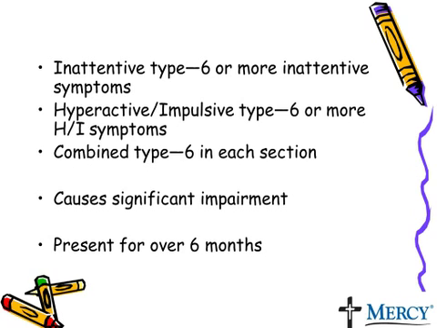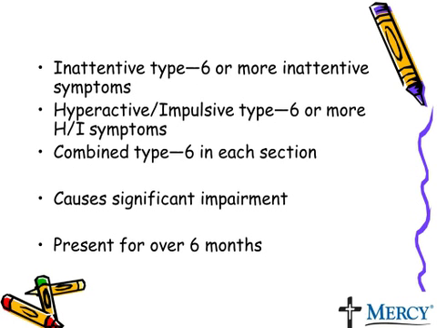The combined type is the most common type. Inattentive is next. It's fairly rare to have just a hyperactive impulsive type, and usually when you have this type, it's in preschool children. If you follow them over the years, they usually develop the inattention and would have the combined type.